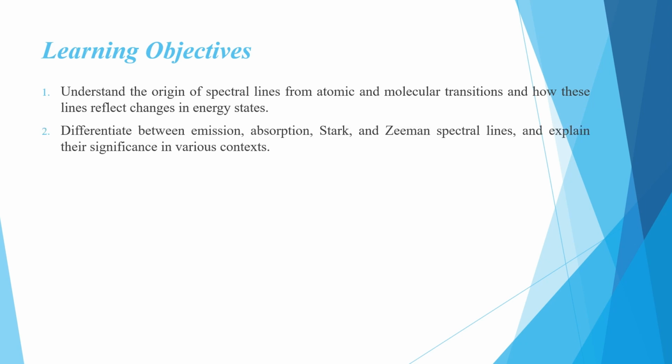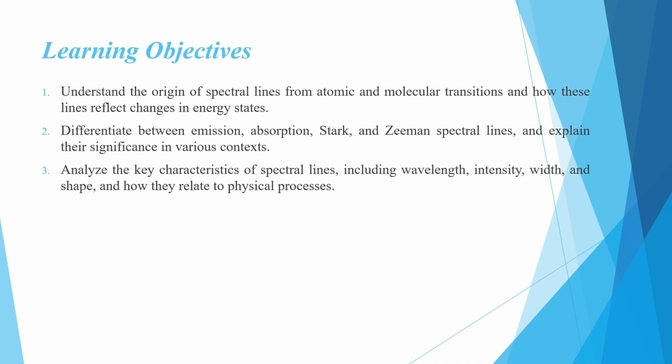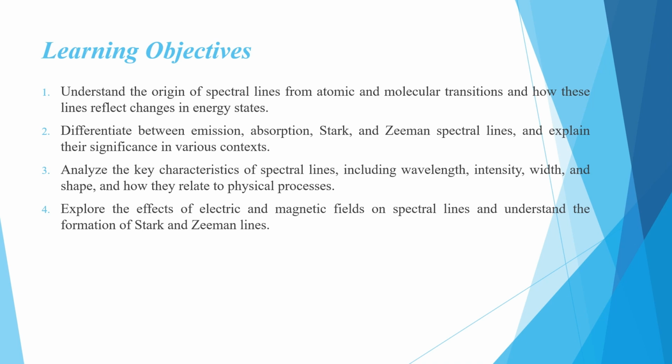Also, to differentiate between emission, absorption, Stark and Zeeman spectral lines and explain their significance in various contexts. Also, to analyze the key characteristics of spectral lines and to explore the effect of electric and magnetic fields on these spectral lines.